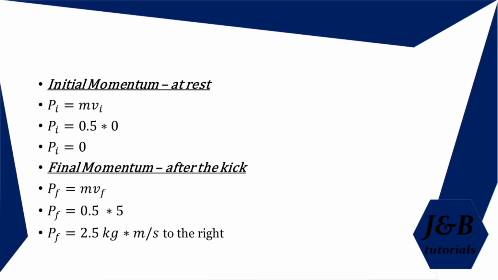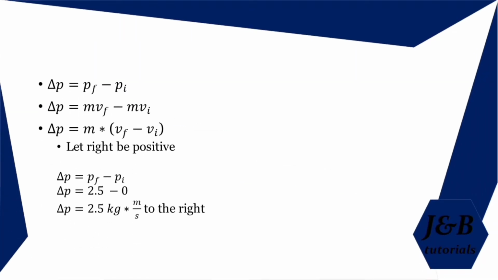Now that we have the initial momentum and the final momentum, this leads us directly to calculating what we can now call a change in momentum. The change in momentum is expressed as the difference between the final momentum and the initial momentum. So change in momentum is equal to P_f minus P_i. P_f is also equal to m v_f, right?